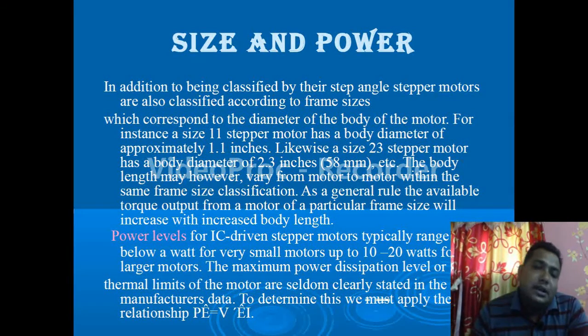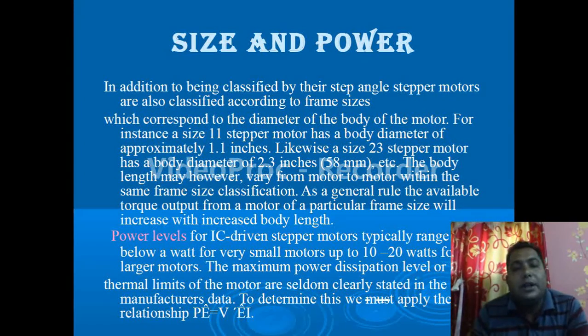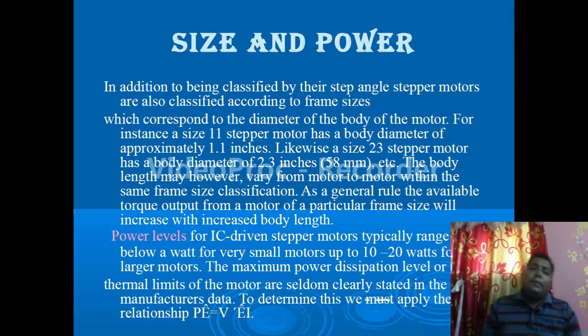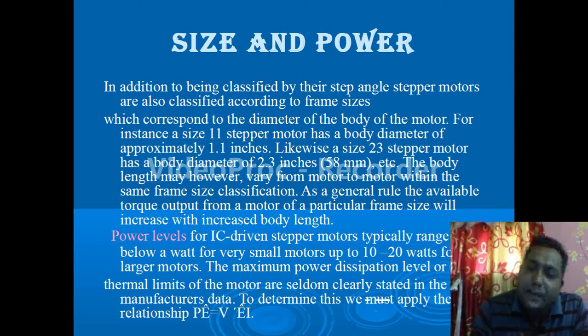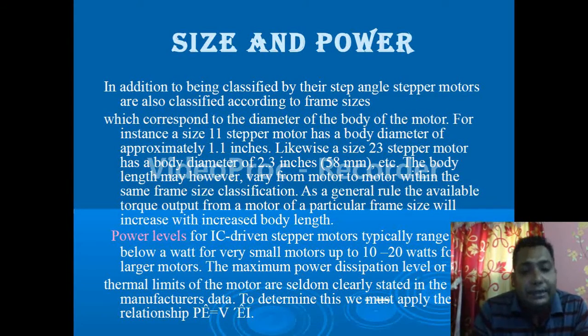Likewise, a size 23 stepper motor has a body diameter of 2.3 inches, that is 58 millimeters, etc. The body length may, however, vary from motor to motor within the same frame size classification. As a general rule, the available torque output from a motor of a particular frame size will increase with increased body length.